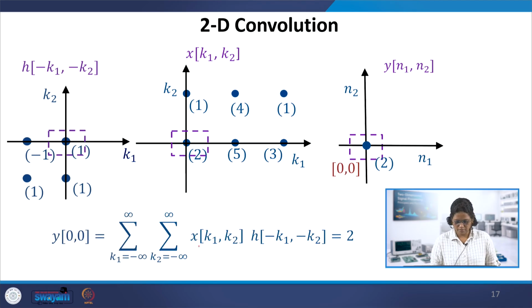Taking the equation for n1 and n2 equal to 0 0, we get this sequence. In the product of h of minus k1 minus k2 and x of k1 and k2, this sample is the common sample in these two sequences, whereas at these positions there are no samples, so it is 0. So only this one and this one result in a value for the 0 comma 0 equation. You get 2 and 1, so multiplying gives an amplitude of 2. This is the first 0 0 index we get.